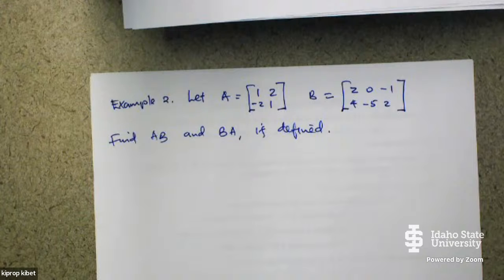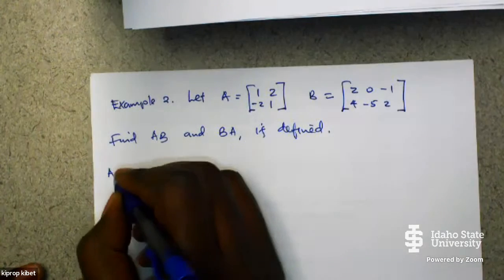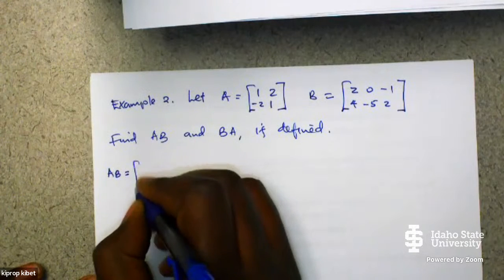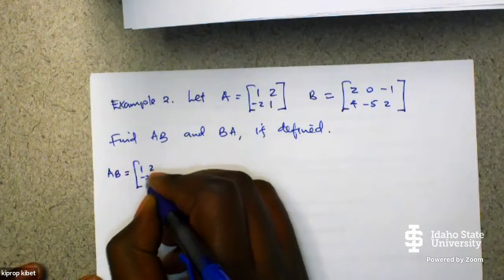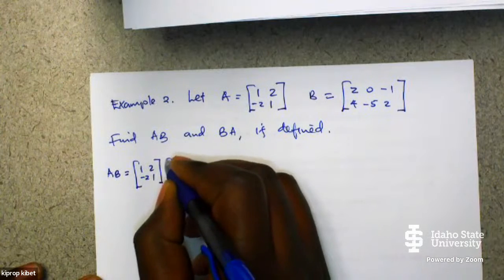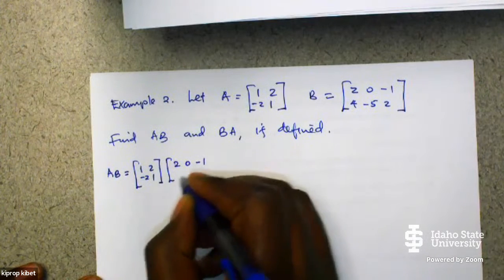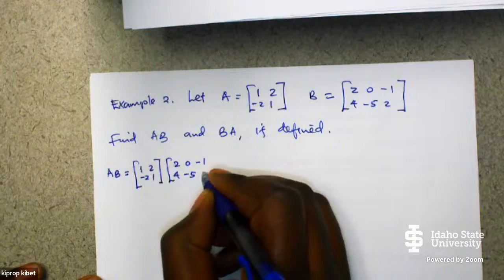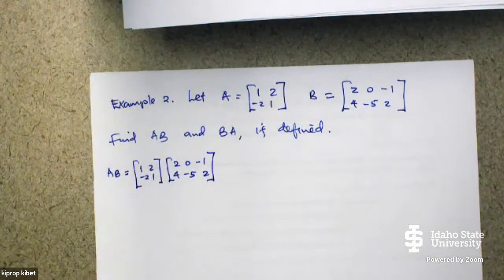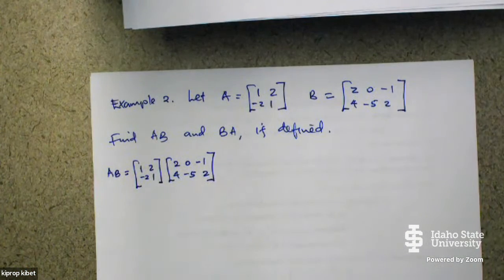To get AB, we multiply these two matrices. Is this defined? Is the number of columns in A equal to the number of rows in B? It is, so it is defined.